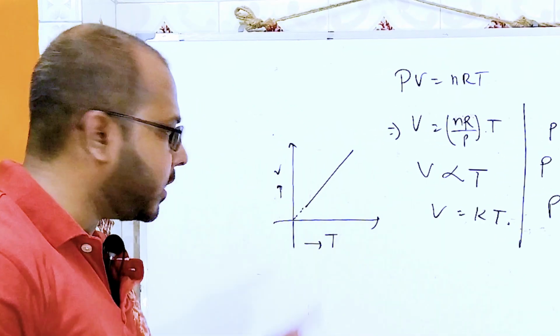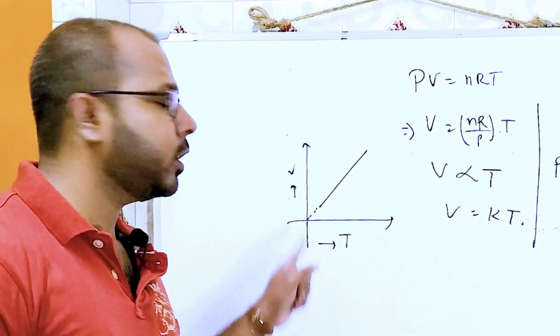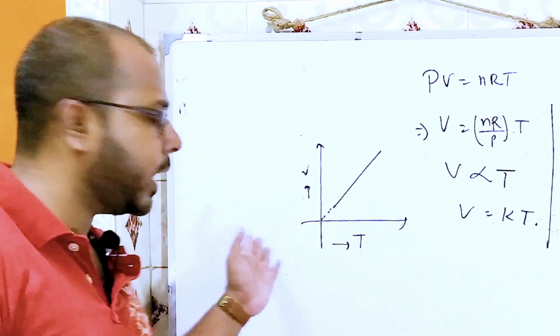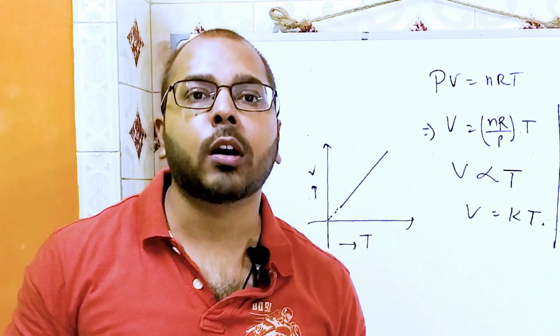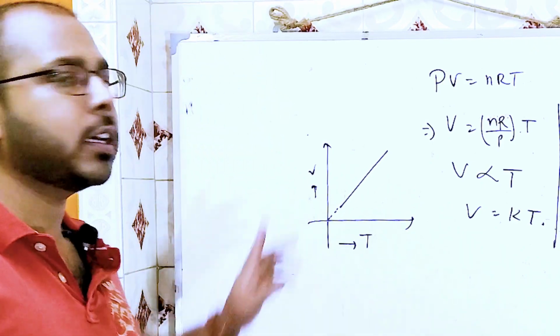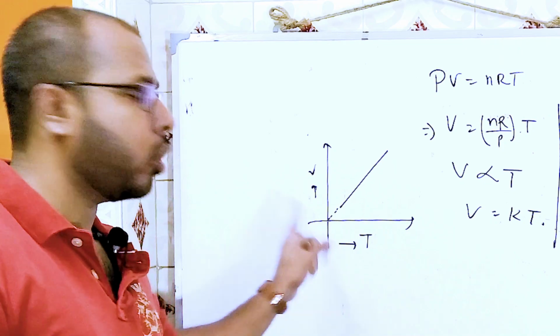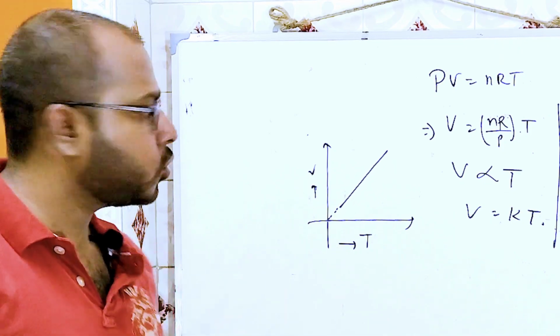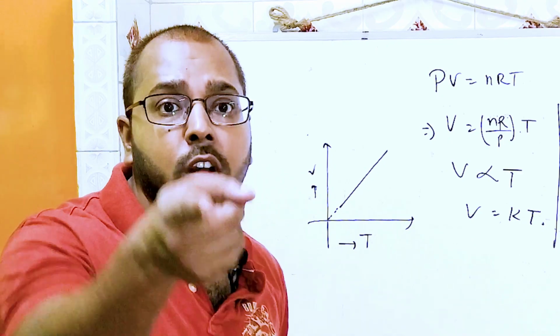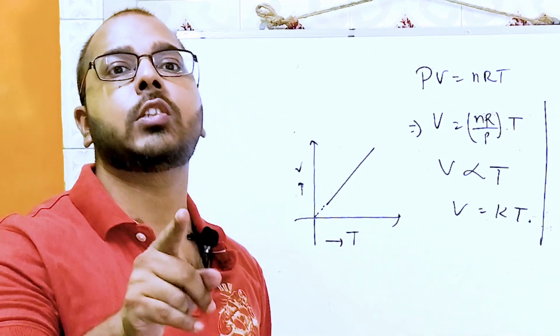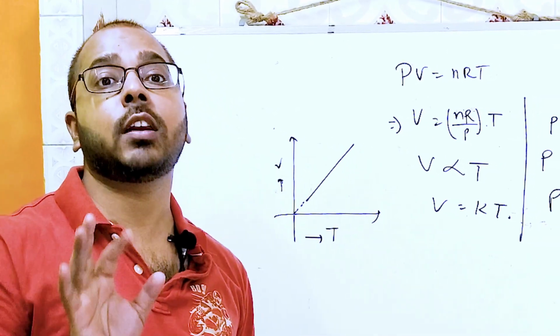It should be passing through the origin, but actually volume cannot be negative, and volume of a substance cannot be zero completely. That is why it doesn't touch the origin. So if an MCQ comes, what is the nature of the V versus T graph? Straight line.